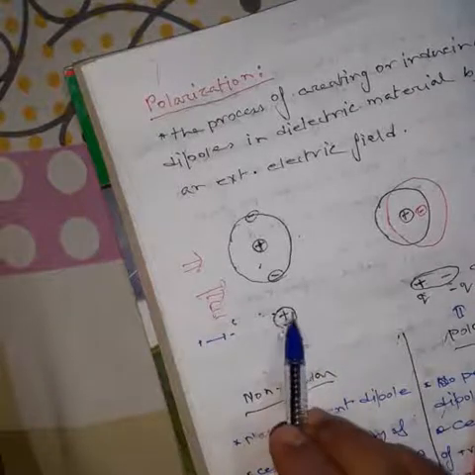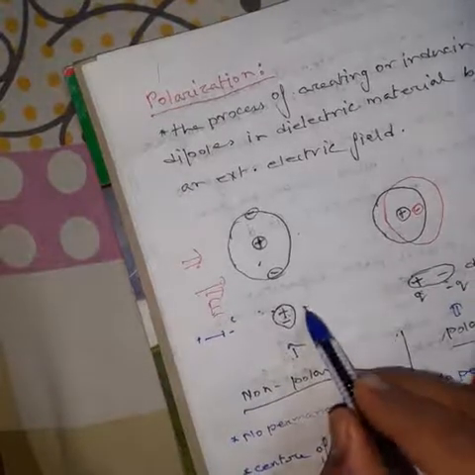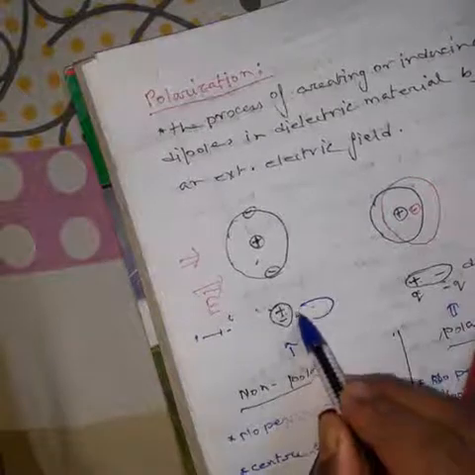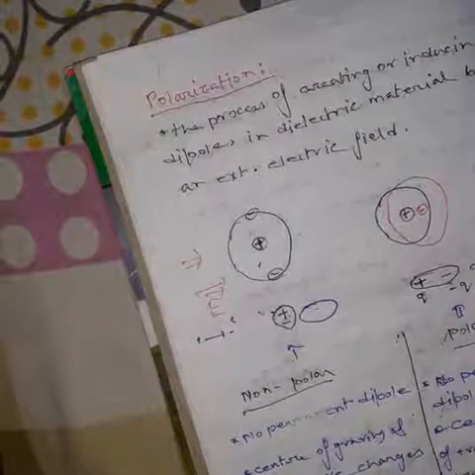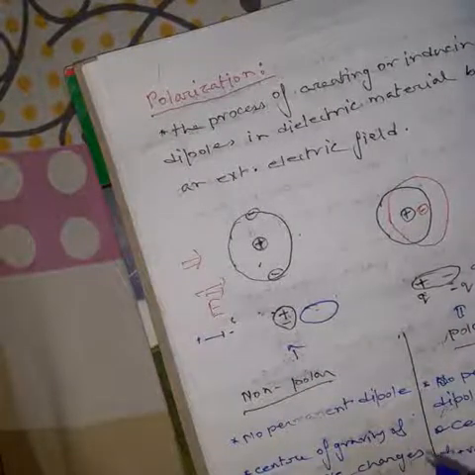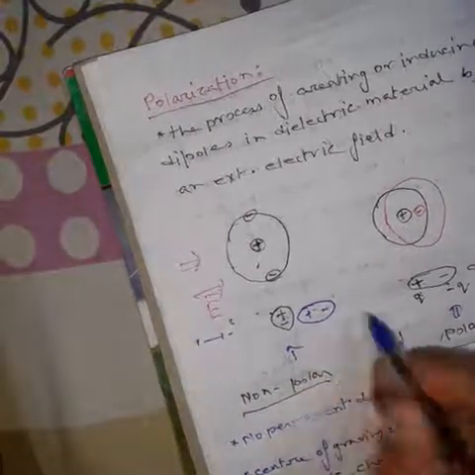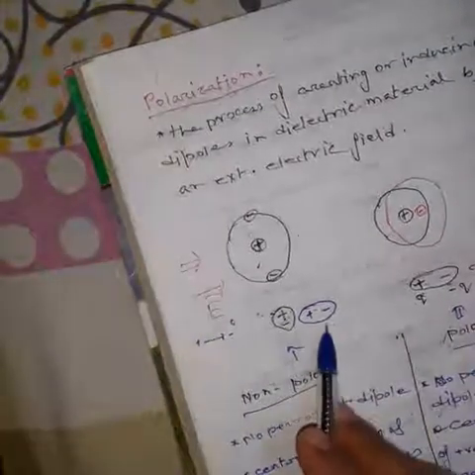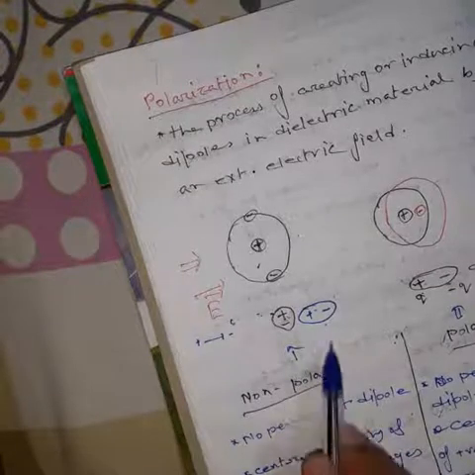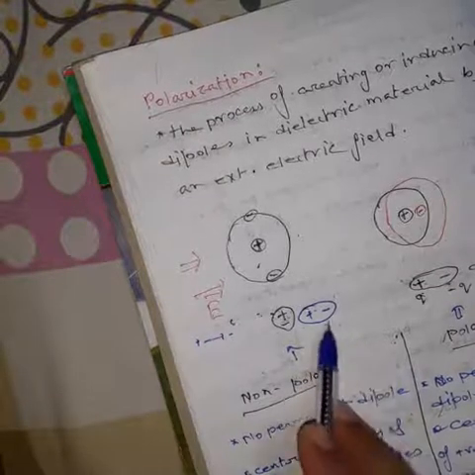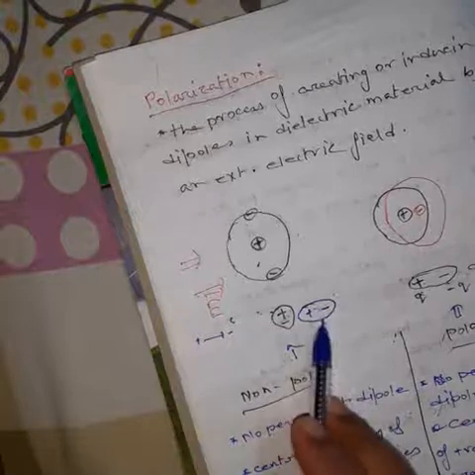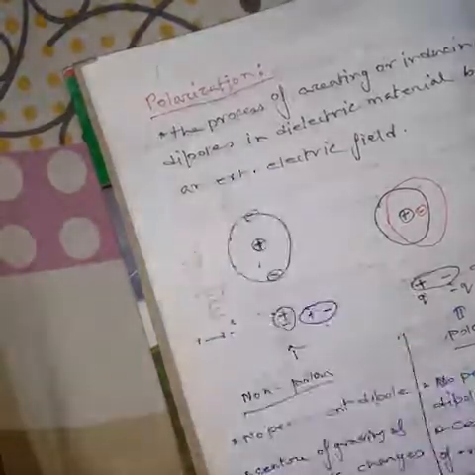So this will be deformed and may take a shape like this, and the centers of the positive and negative charges are shifted. This positive charge comes here, negative charge goes there. So this becomes a polar dielectric by induction. I am inducing a dipole here. This is the process called polarization.